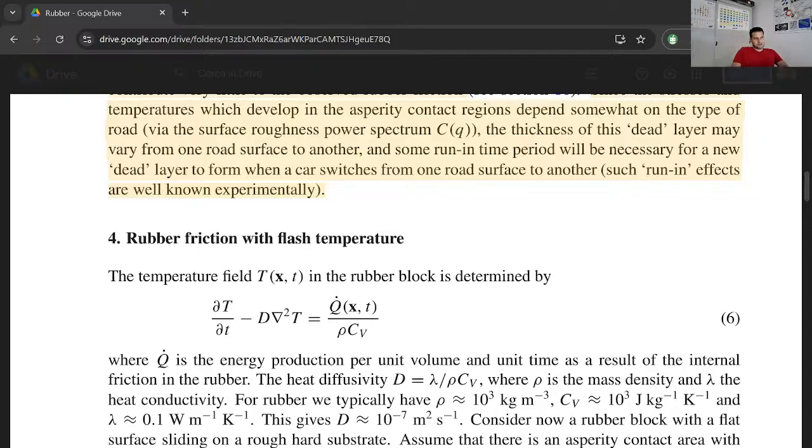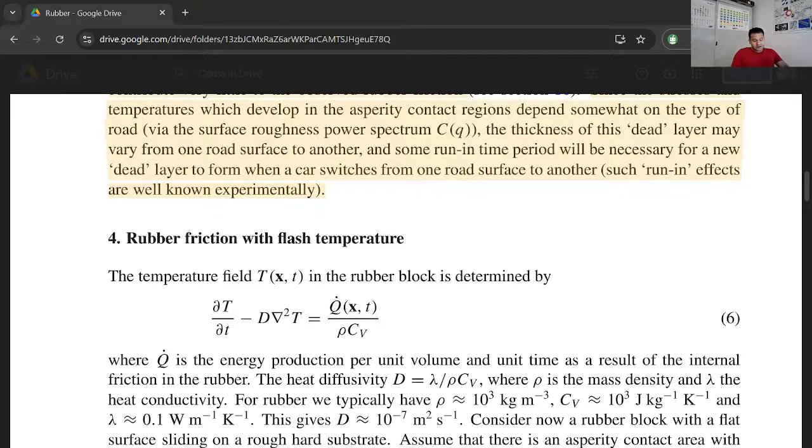So at very high velocities, the time period in which the rubber passes the asperity will be very small. We can obtain this time period by dividing the distance, the size of the asperity, by the velocity.